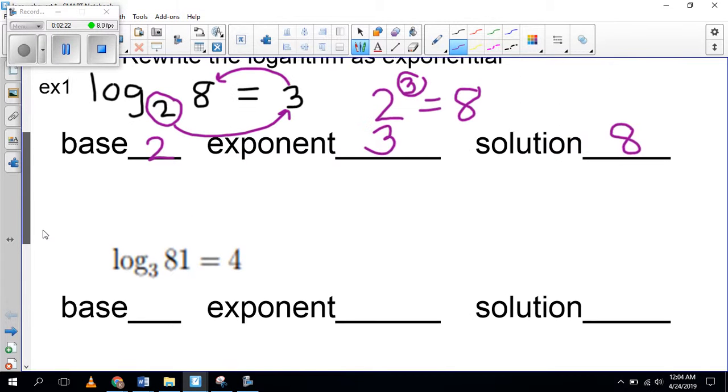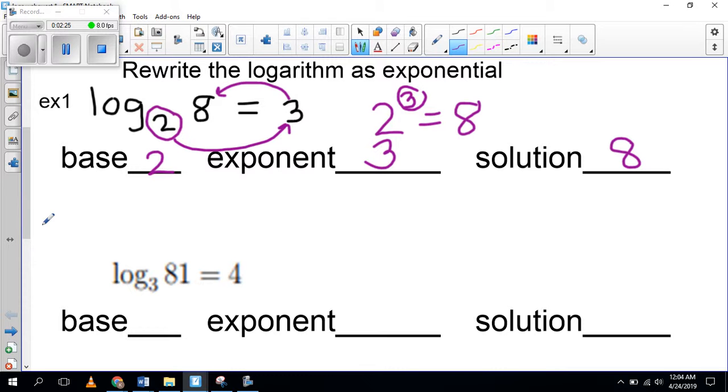So let's try one more, and then you'll have a few to do on your own. Remember what we do. We start at our base of 3. So 3 is going to go to 4. So 3 to the 4th. Make sure your 3 is big and your 4 is small. They kind of switch sides.